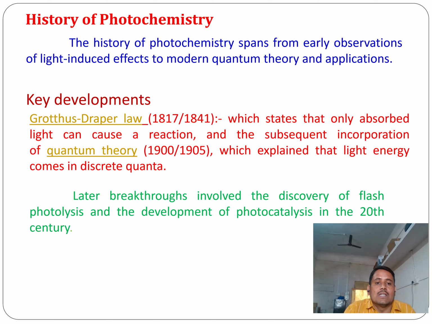A key development was the Grotthuss-Draper law, which states that only absorbed light can cause a reaction, followed by the incorporation of quantum theory, which explained that light comes in distinct quanta, that is, photons. Later breakthroughs involved the discovery of flash photolysis and the development of photocatalysis in the 20th century.